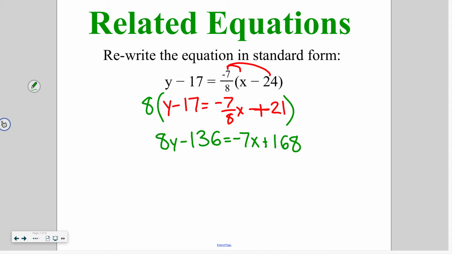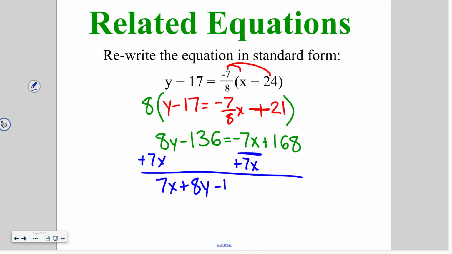168. So now I need to rearrange. I want to notice that my x here is negative, so I'm going to move that by adding it to both sides of the equation, and I get 7x plus 8y minus 136 is equal to 168.